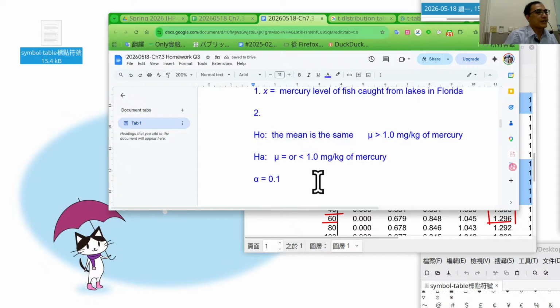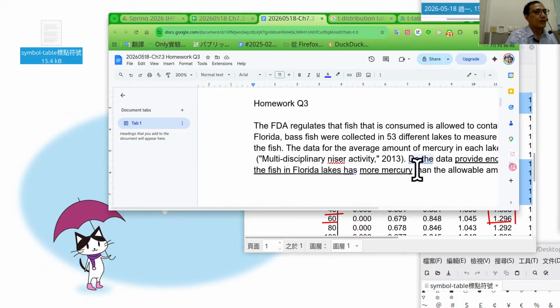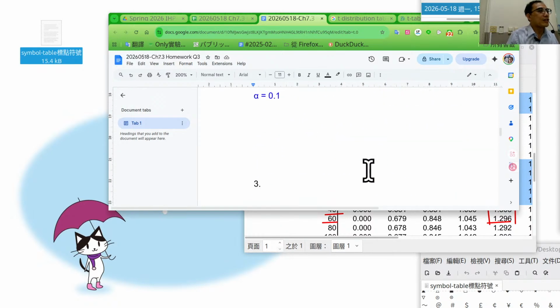The null hypothesis is mu greater than 1.0, because in the question, do the data provide enough evidence that fish have more mercury than the allowable mercury level? It means that generally thinking, the fish in Florida lakes have more mercury, but in our calculation it's not.